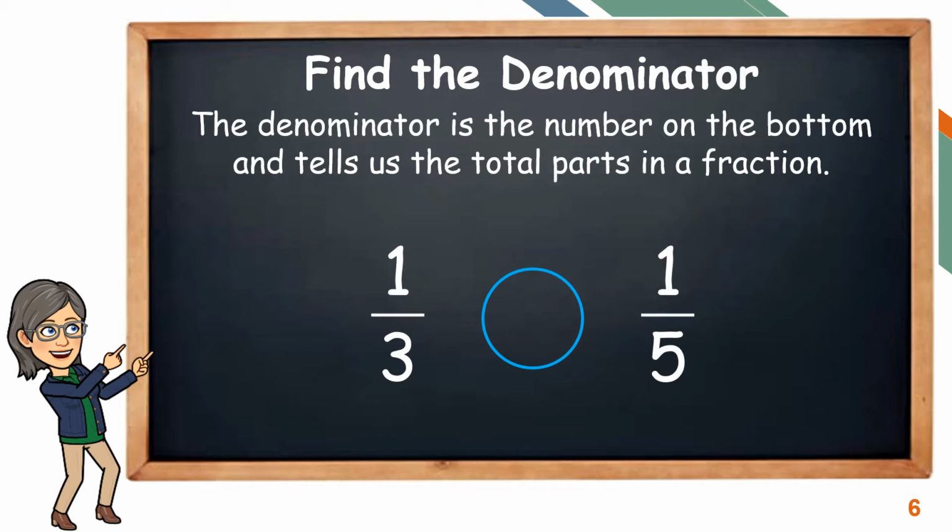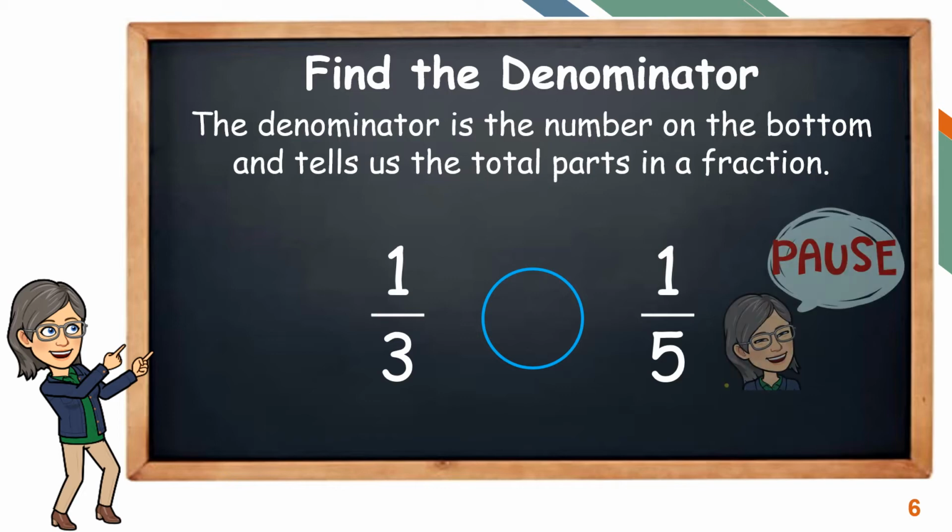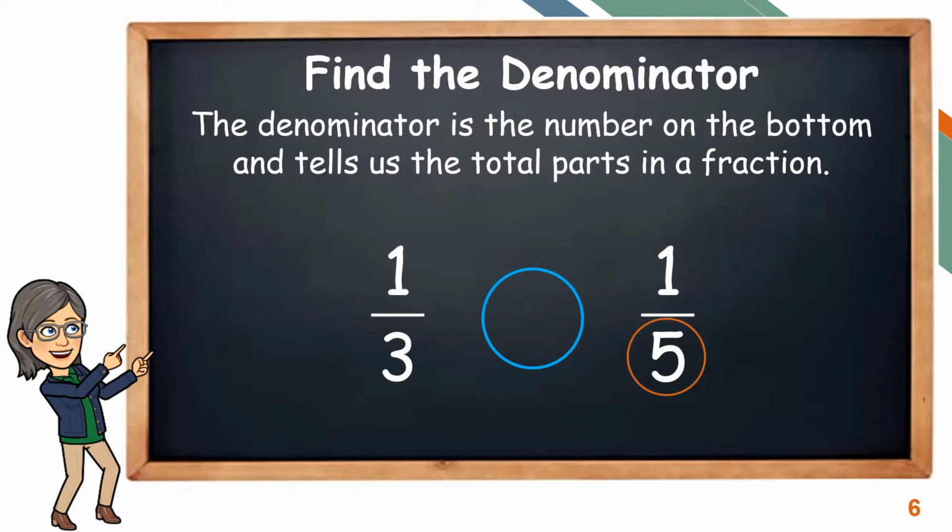What is the denominator in 1/5? If you said 5, you are also correct. I noticed the denominator is different, but the numerator is the same in these like fractions. Let's begin to learn how to compare like fractions with the same numerators.